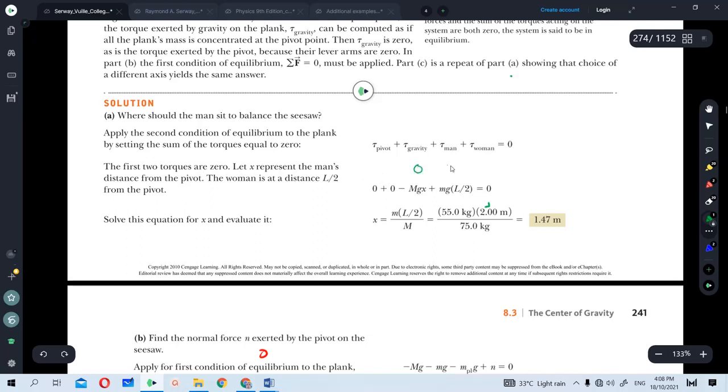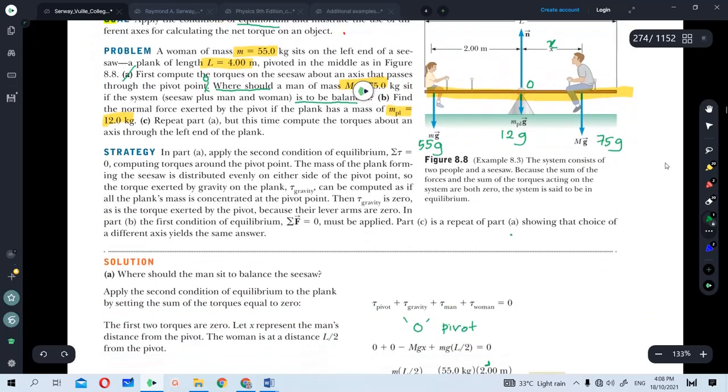O is the pivot. Okay, O here is the pivot. You find that the man will make the plank rotate in this direction, which we call clockwise. Because it's clockwise, it's a negative torque. What about the lady?